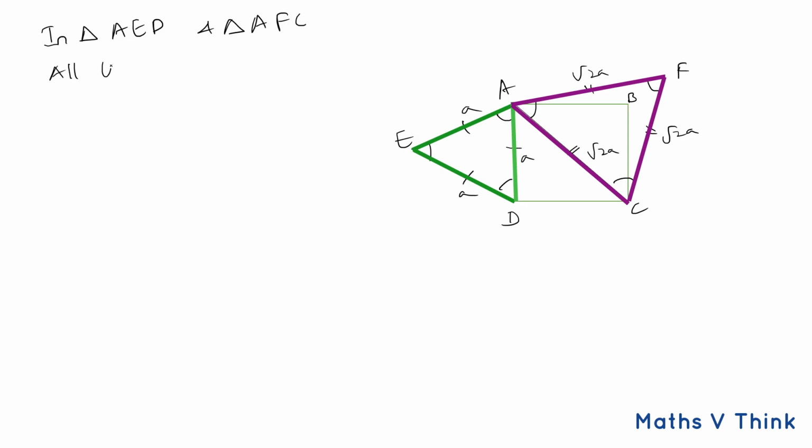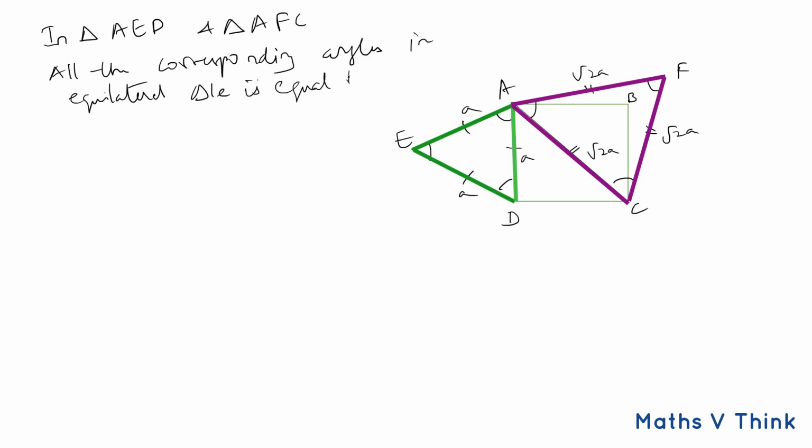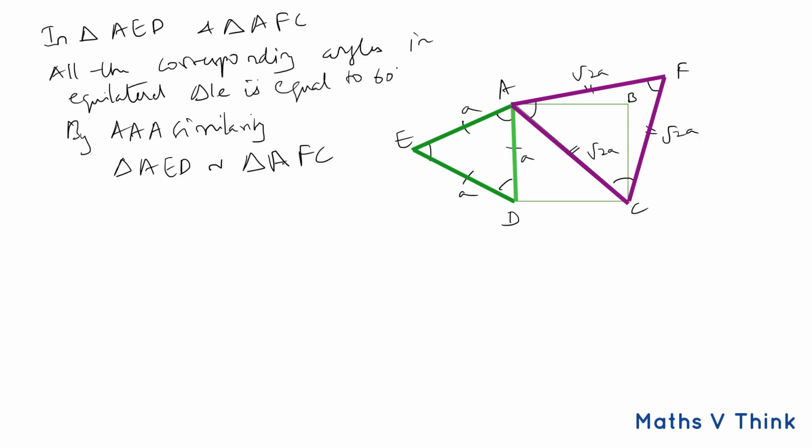So all the corresponding angles in an equilateral triangle are equal to 60 degrees. So by angle similarity, I can tell triangle AED is similar to triangle AFC.